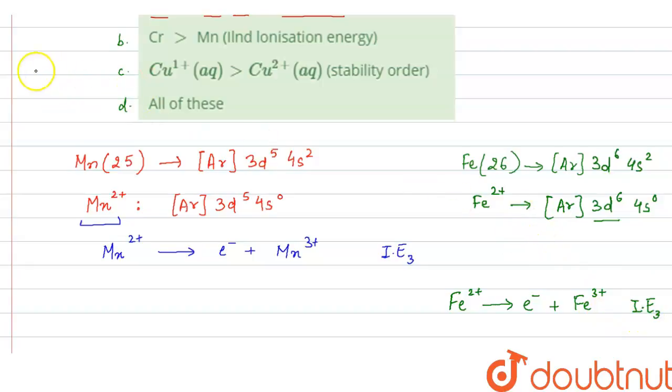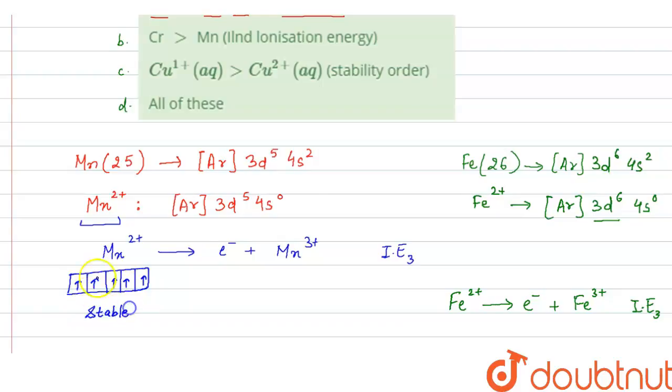Now you see, in the case of Mn2+, the configuration is 3d5. In the 3d orbital we have 5 electrons, so the 3d orbital is half filled, and half filled orbitals are stable.